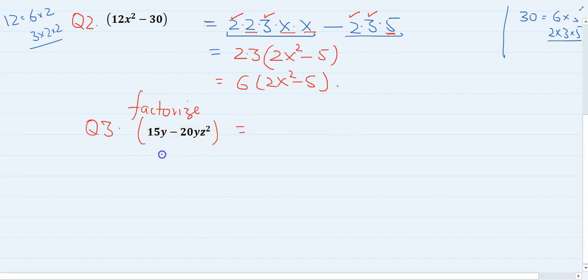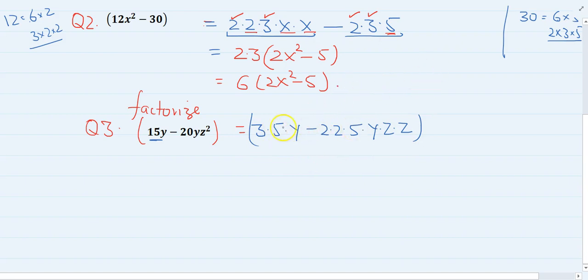So what we are going to do is write the factors of 15. 5 times 3 is 15, so 3 multiplied by 5 multiplied by y, minus 20. 2 multiplied by 2 is 4, times 5 is 20, multiplied by y multiplied by z multiplied by z.